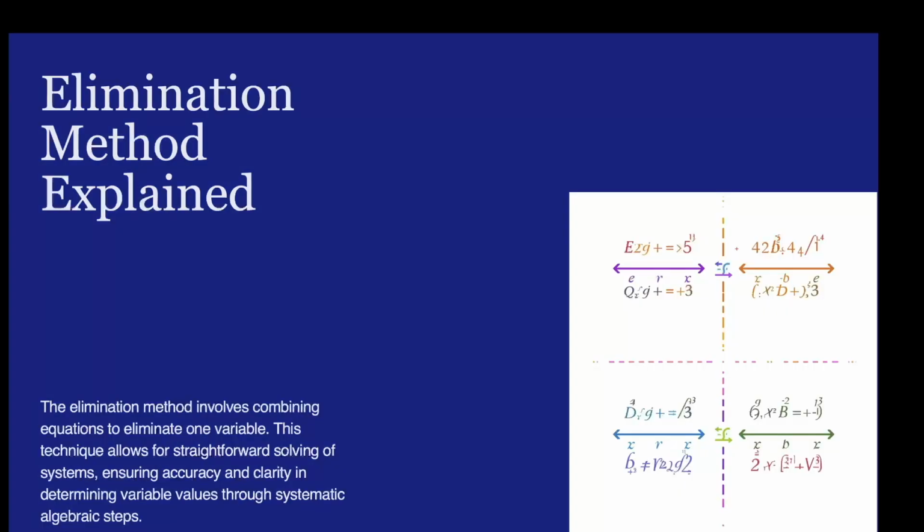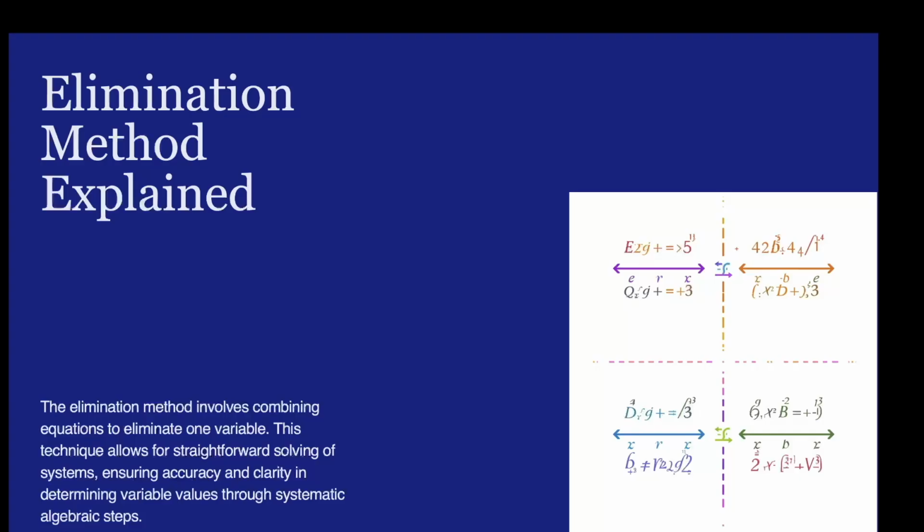Next we have the elimination method. In this method, we combine the equations in a way that eliminates one variable. This is usually done by adding or subtracting the equations, and sometimes by multiplying one or both equations first to align coefficients.